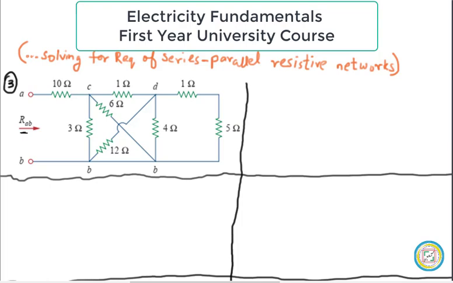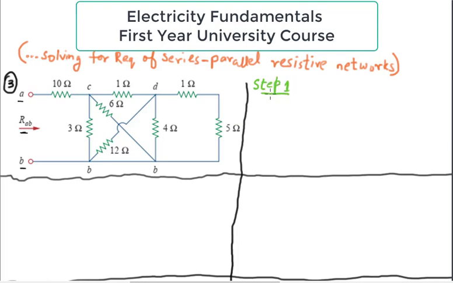First of all, let's solve this circuit. In this circuit, you are asked to find the equivalent resistance as seen from the terminals A and B. And the equivalent resistance of this network, I'm going to solve that in a step-by-step manner. Let me show you that. So, the step number one here, let's write step number one.